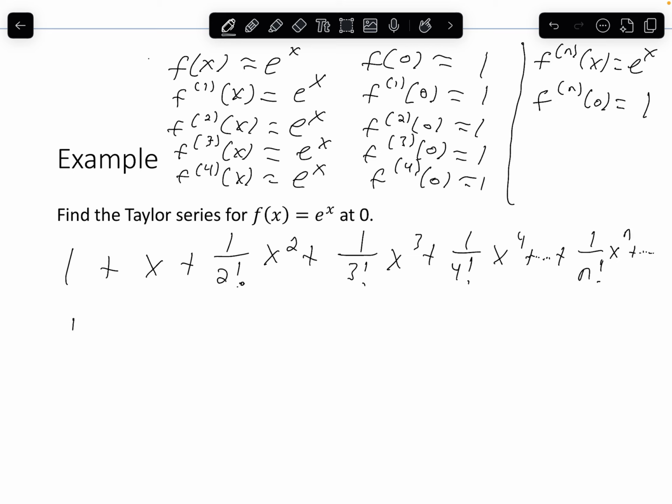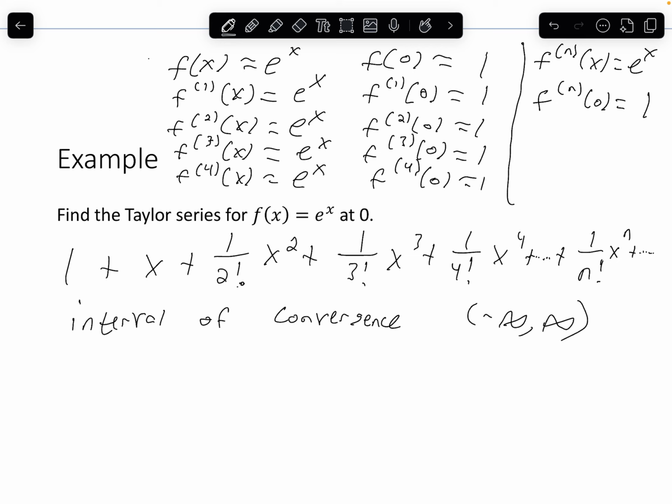The interval of convergence for this is going to be -infinity to infinity, as it does indeed depend on what these values of x are, but it'll be between -infinity to infinity.